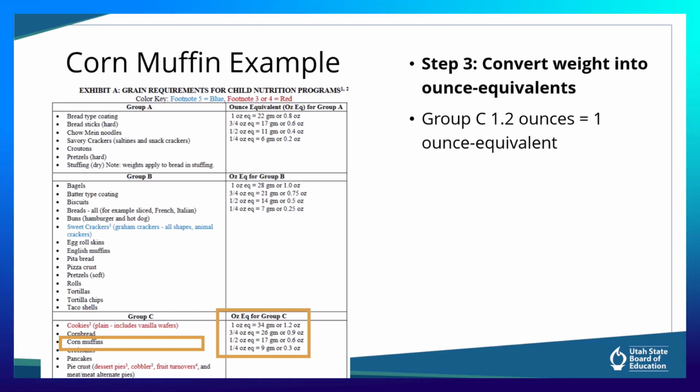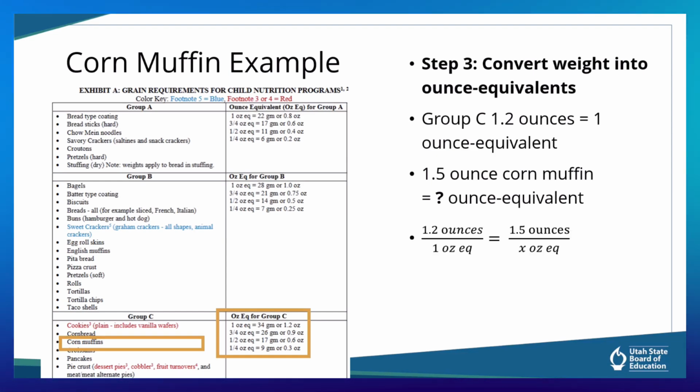We know that our corn muffin weighs 1.5 ounces. We want to figure out how many ounce equivalents that is. We will set up the problem with what we know, cross-multiply, and cancel our units. From Group C, 1.2 ounces is equal to 1 ounce equivalent. So how many ounce equivalents does a 1.5 ounce muffin convert to?